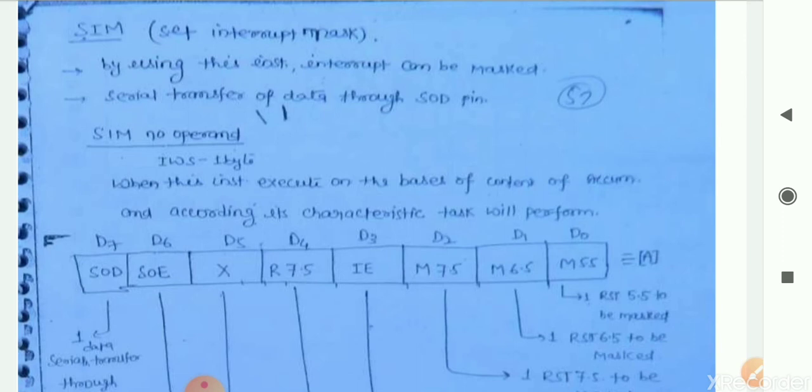The D4 bit. To enable the interrupt process, or to set the interrupt enable flip-flop, which bit of the accumulator is set to 1? That is the D3 bit. So remember the pattern of the accumulator, which bit represents which particular process of the interrupt.